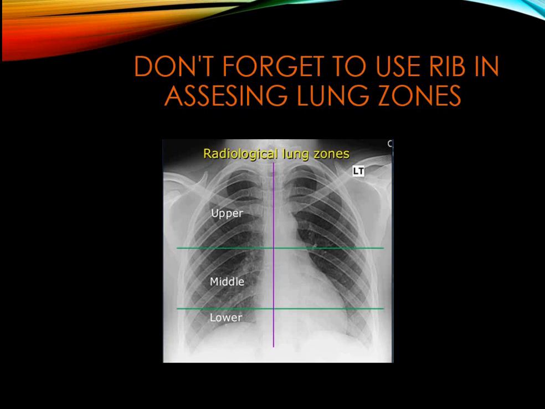The lower zone is below it. Again, if we have the same lesion located here, we will say that this lesion is located in the right middle zone, without mentioning the lobe, because here we cannot determine whether this lesion is in the right middle lobe or in the right lower lobe.